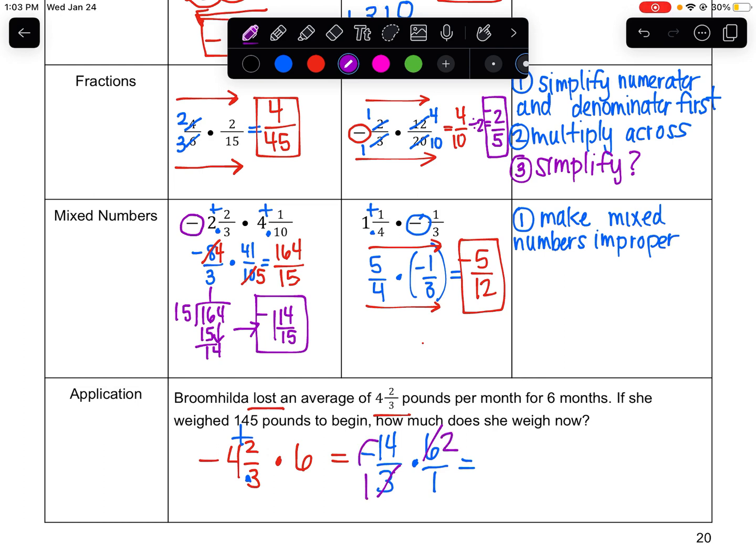And then I get a negative times a positive, so I get negative 28. And our final question does ask us, how much does she weigh now? So we have to consider if she weighs 145 and she's losing 28, we're going to subtract those two numbers, and we get 117 as our final answer.